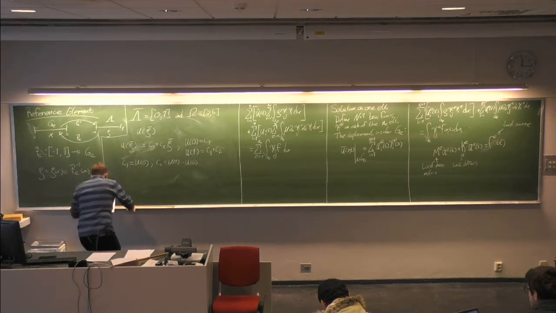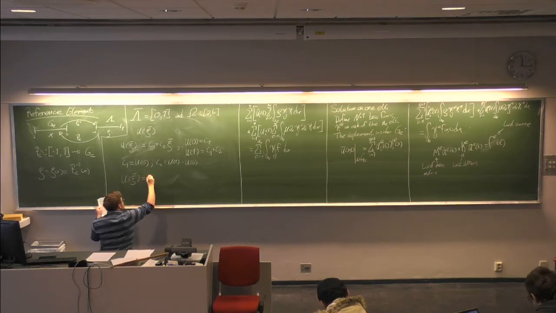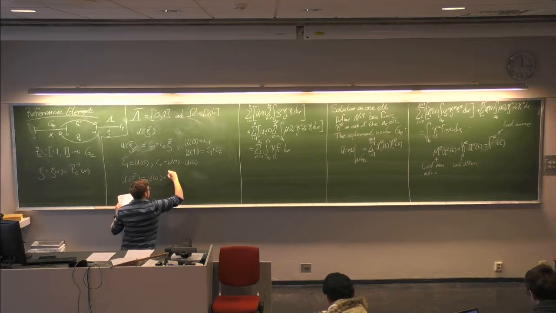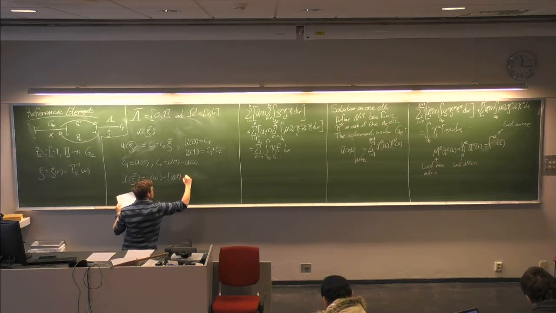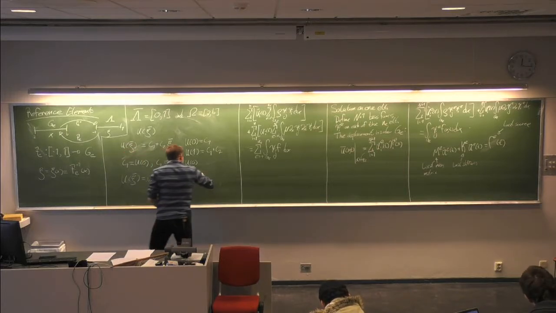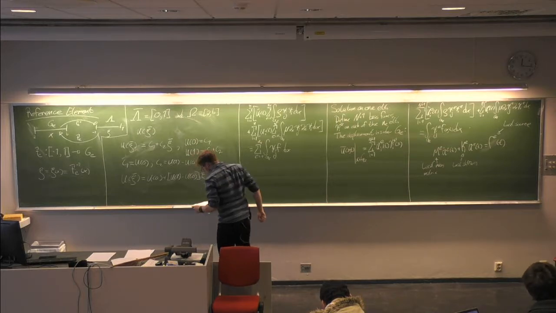So we have the transform, it falls out, i.e. that's 0, 1, 0, times e.